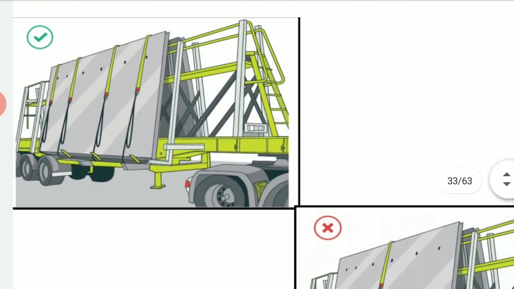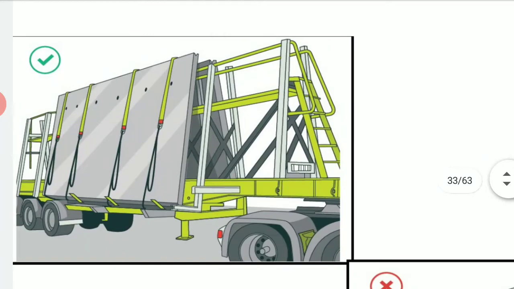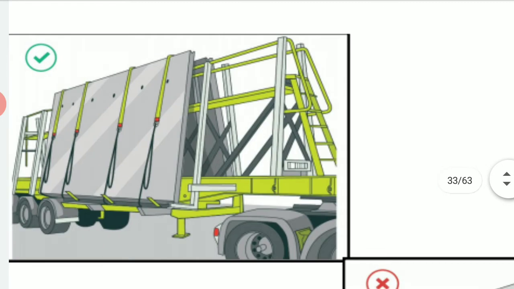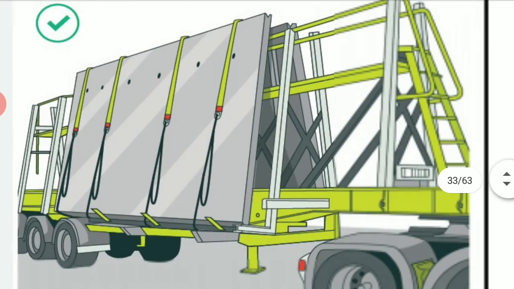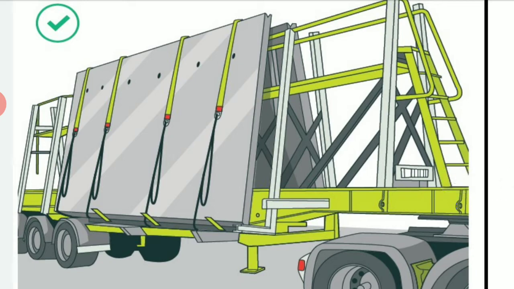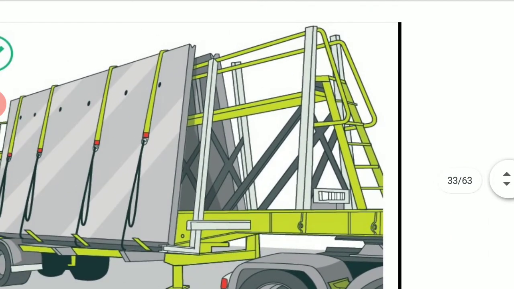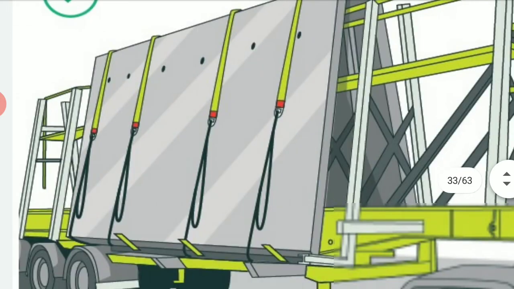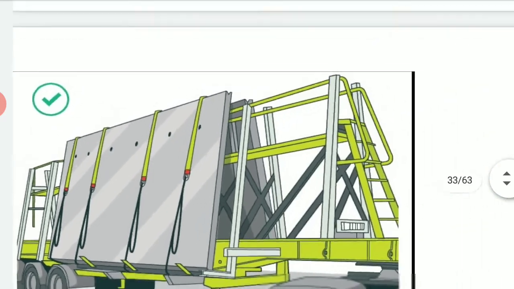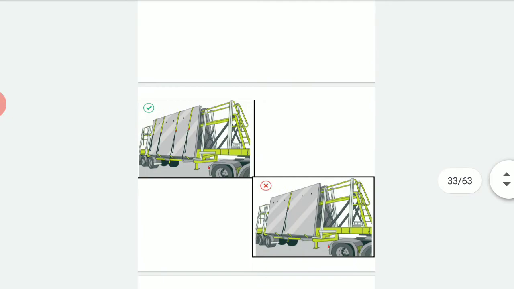When these vertical members are placed in the transporting vehicles, certain supporting systems have been provided. After placing them in the transportation vehicles, we need to provide standard supporting systems, right?